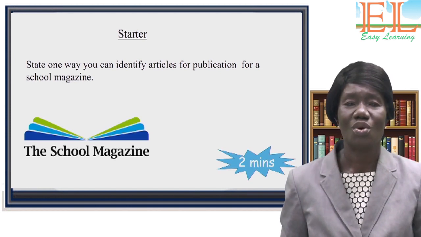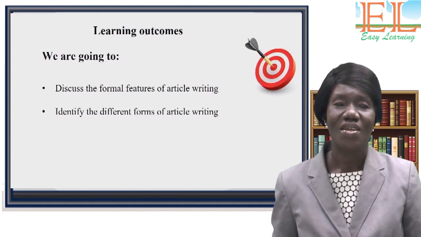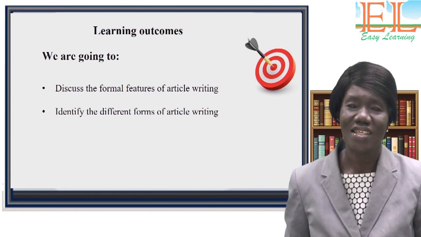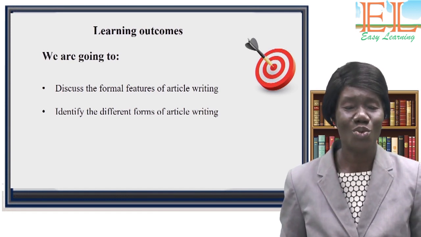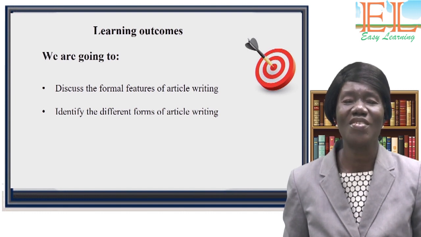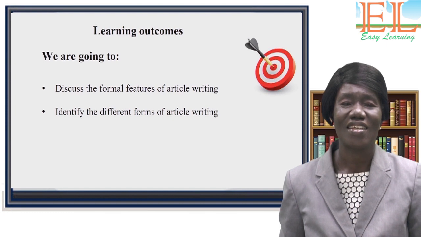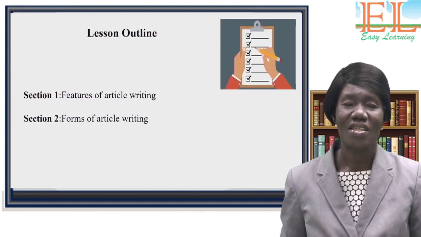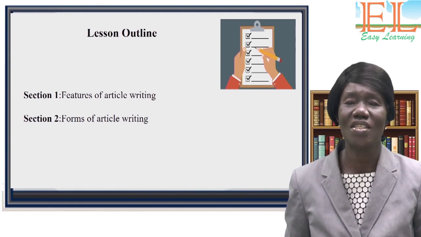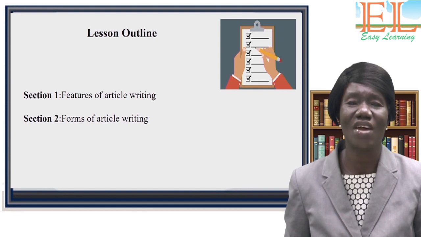Now let's go through our learning outcomes. We are going to discuss the features of article writing and then also identify the different forms of article writing. Our lesson outline: Section 1 will be features of article writing, and then section 2 will be forms of article writing.